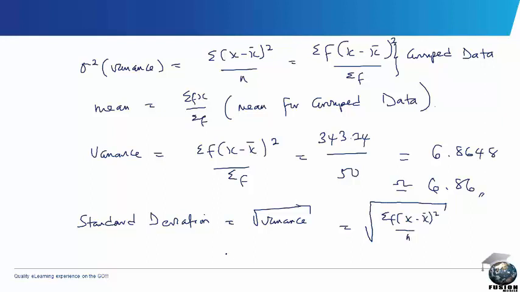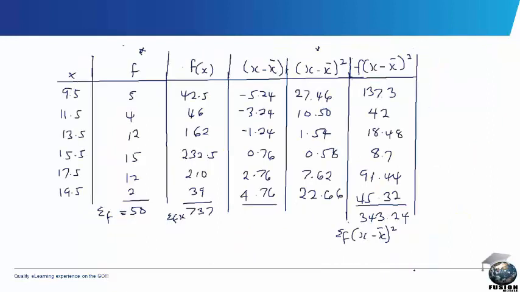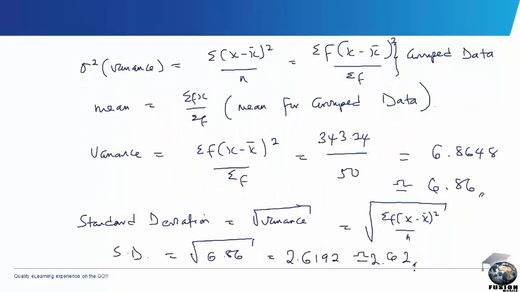So the standard deviation is the square root of 6.86, which is about 2.6192, approximately 2.62.